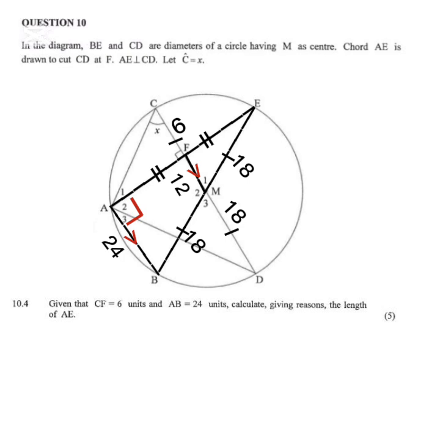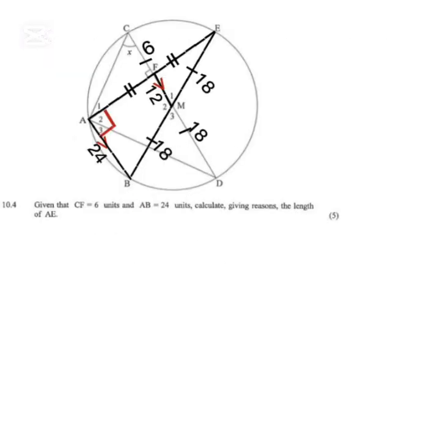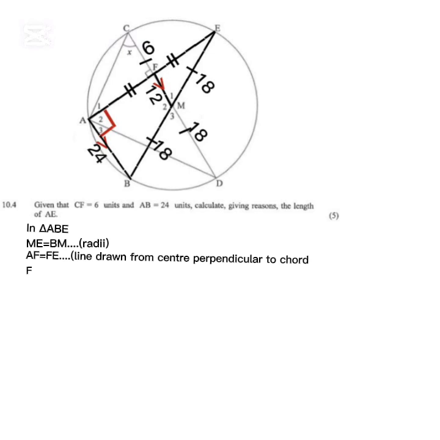So let's solve it step by step. In triangle ABE, ME is equal to BM, reason: radii. AF is equal to FE, reason: line drawn from the center perpendicular to the chord. FM is half of AB and FM is parallel to AB, reason: midpoint theorem. FM is equal to half of 24, therefore FM is equal to 12 units.